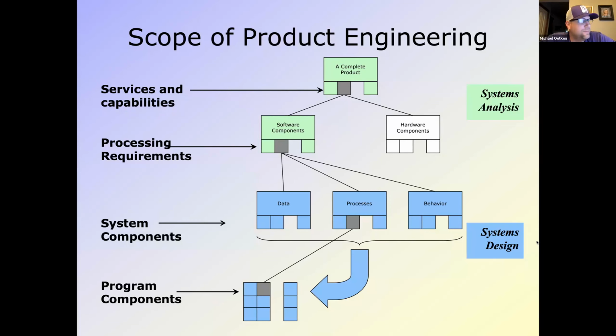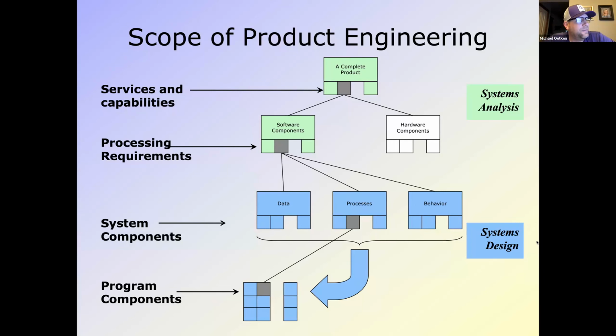This is part of the system design. And then these different system components are going to have a lot of other individual components tied into them that help make those systems work. And again, that all ties back to the top level, where we look at the services and capabilities of a specific product.